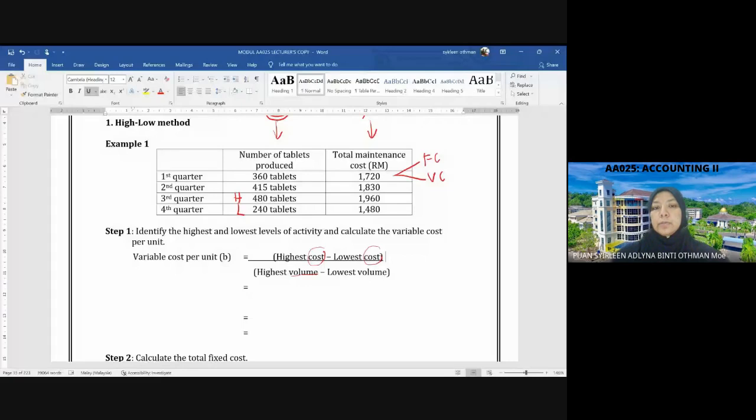So for the highest volume, 480 tablets, the total maintenance cost is 1,960. That is the highest cost.